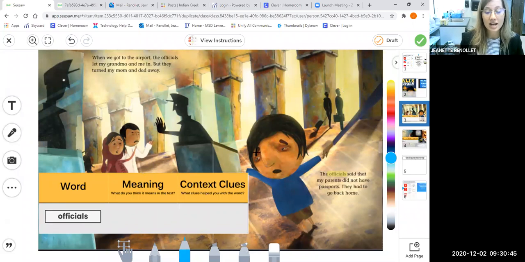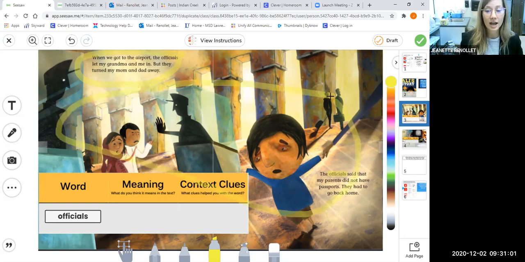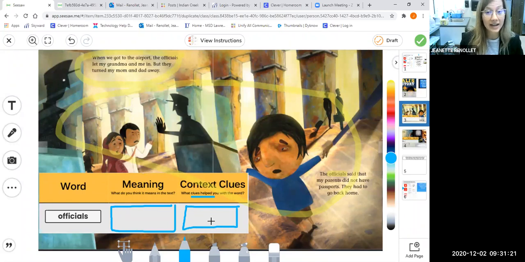Your job today is to use the context clues, using other words in the text, using your background knowledge of what you already know, and using pictures in the text. Your job is to write what you think the word means, and then tell me what clues helped you. What words or picture from the text helped you figure out what this word means.